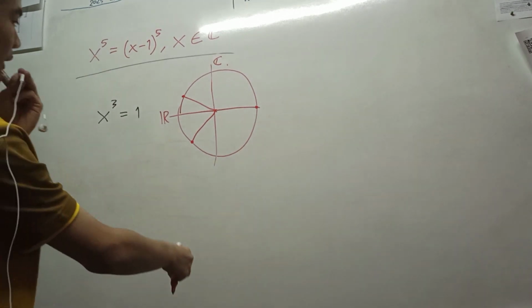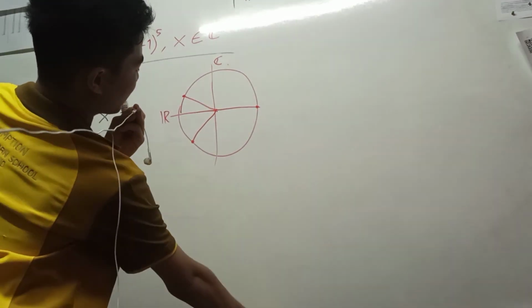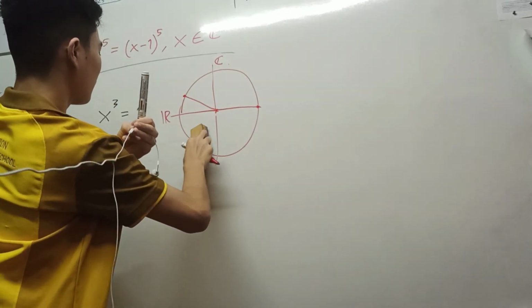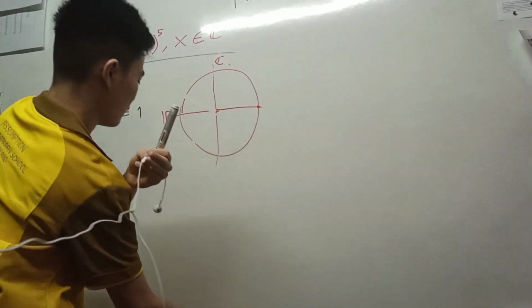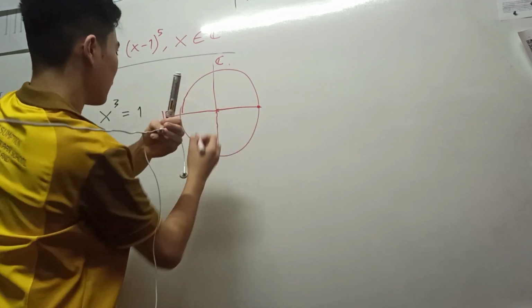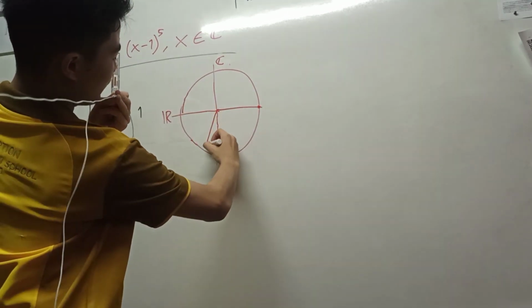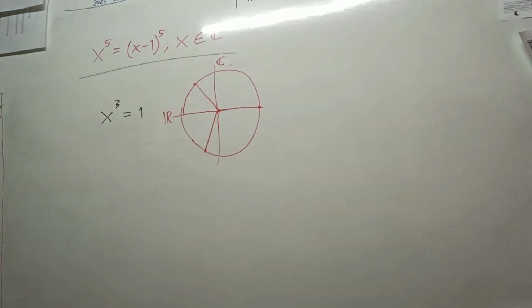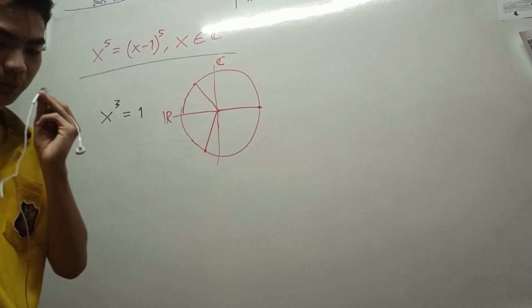Just divide the circle into 3 zones. Maybe my drawing is a little bit bad, but you know, 3 equal slices. So this is the first root, which is 1.